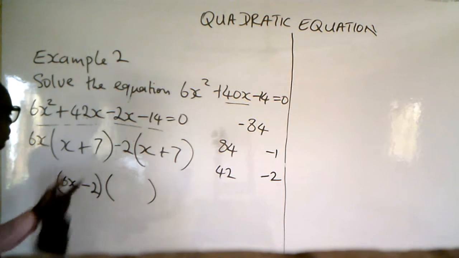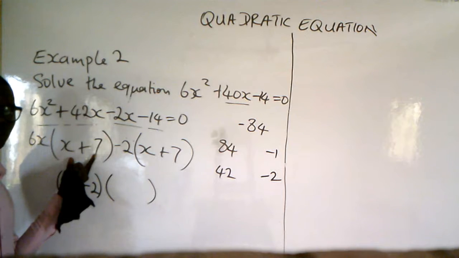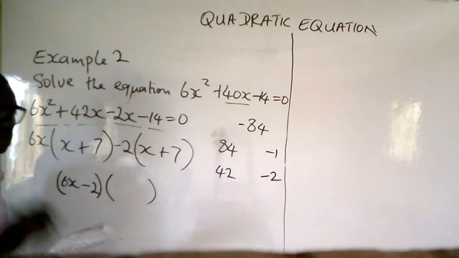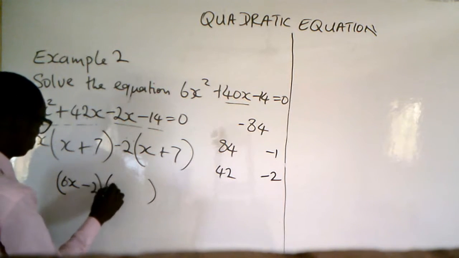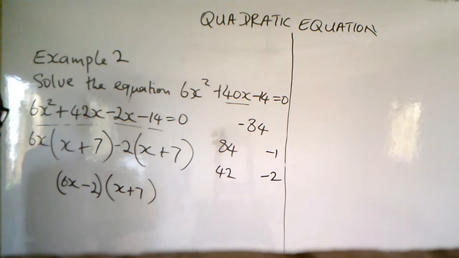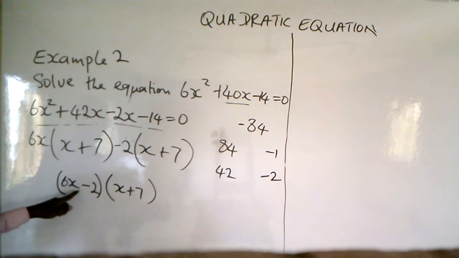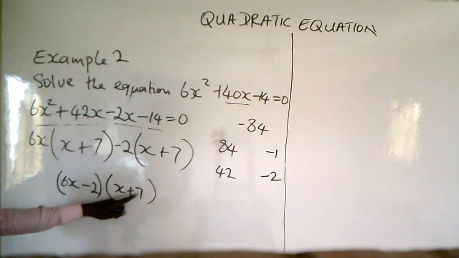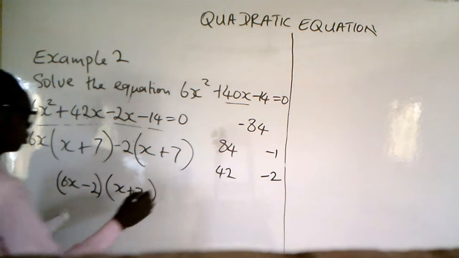Then, since these expressions are the same, you just pick one, which is x plus 7. So what I have now is 6x minus 2, x plus 7 equals 0.